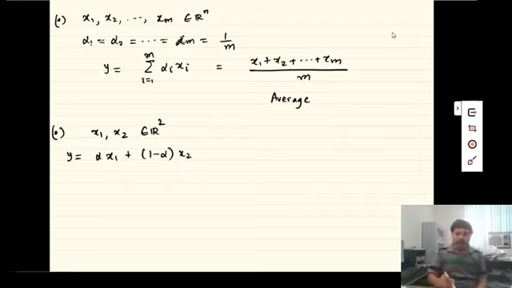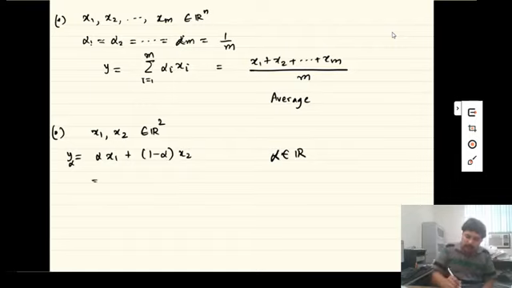It is the addition of the two vectors alpha x1 and 1 minus alpha x2. But if I vary alpha over all possible real values, and then look at the locus of this y as alpha varies, then this is nothing but the line passing through the points x1 and x2 geometrically, and this particular linear combination is called an affine linear combination.